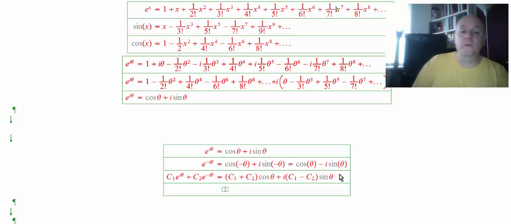But since I don't know what these constants C1 and C2 are, let's group these together.